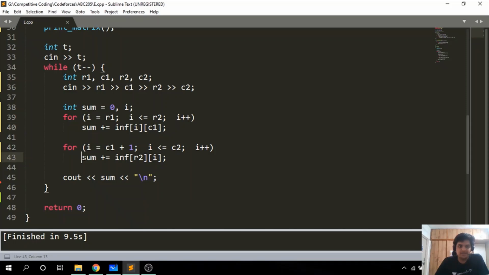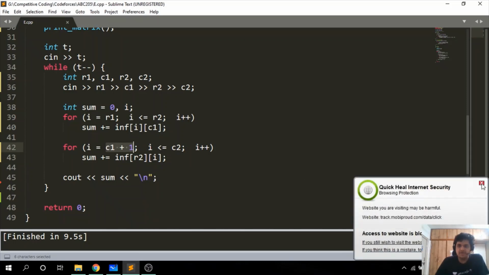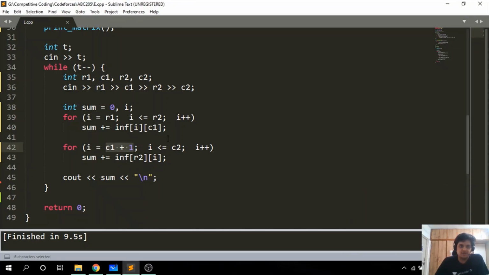So here it is basically sum plus equals inf of R2 comma I. Just remember, you have to calculate from C1 plus 1, otherwise you will be double counting, right? This should be kept in mind. And finally we get our sum, which you should output on a separate line. So this was the explanation, and thank you.